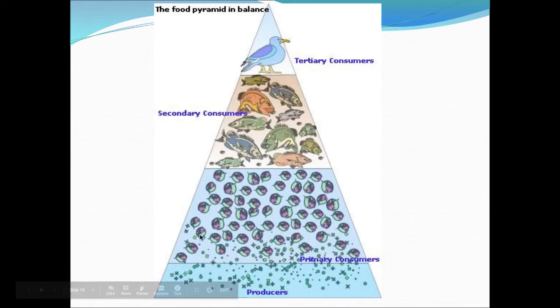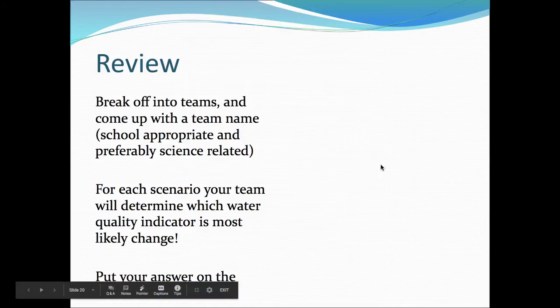All right, if one of these levels is affected, like let's say these primary consumers go away, these secondary consumers now have nothing to eat, and their population is going to suffer. And if their population goes away, the tertiary population is also going to be affected. They're also going to have a reduced food source. All right, so again, there's that magical domino effect. If one thing's affected negatively, everything's affected negatively.